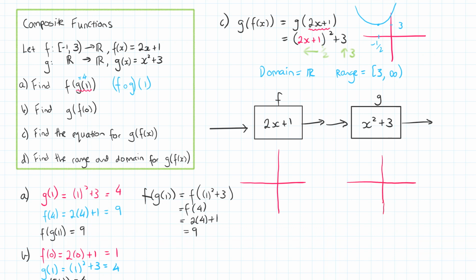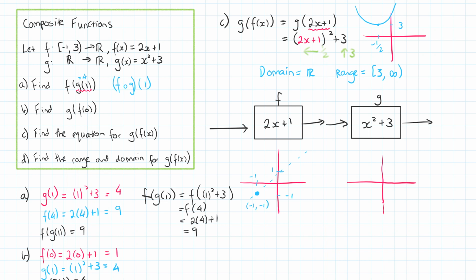So this is a straight line that's been moved up 1 and has a gradient of 2. But we have a restricted domain. So we don't want the whole line, we just need a line segment starting at x equals -1, and we have a square bracket, so we need a closed circle. The corresponding y value, if we substitute in -1, will be 2 times -1 plus 1, which is -1.